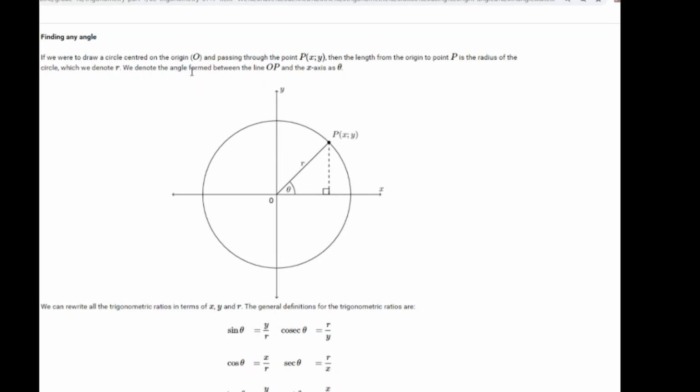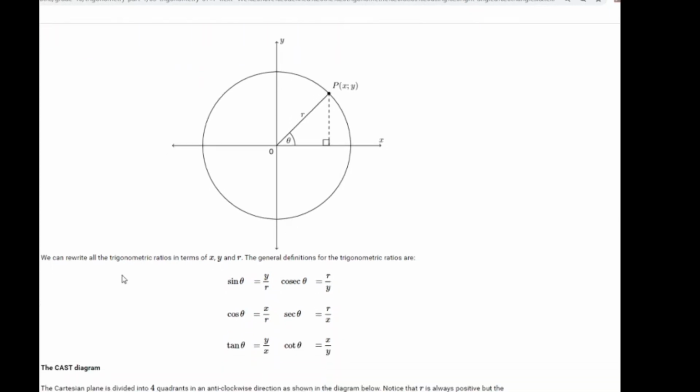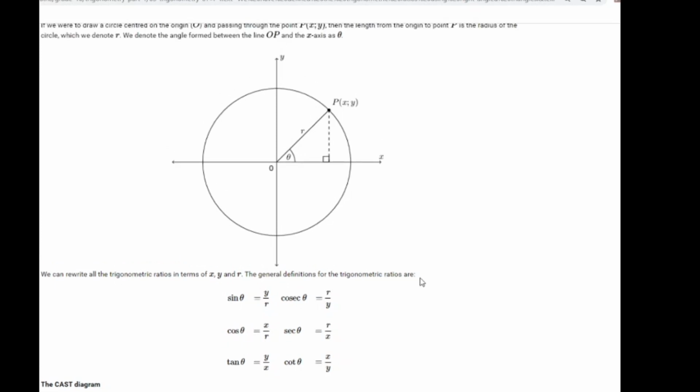We denote the angle formed between the line OP and the x-axis as theta. Now we can rewrite the trigonometric ratios in terms of x, y, and r. The general definitions of the trigonometric ratios are these ones.